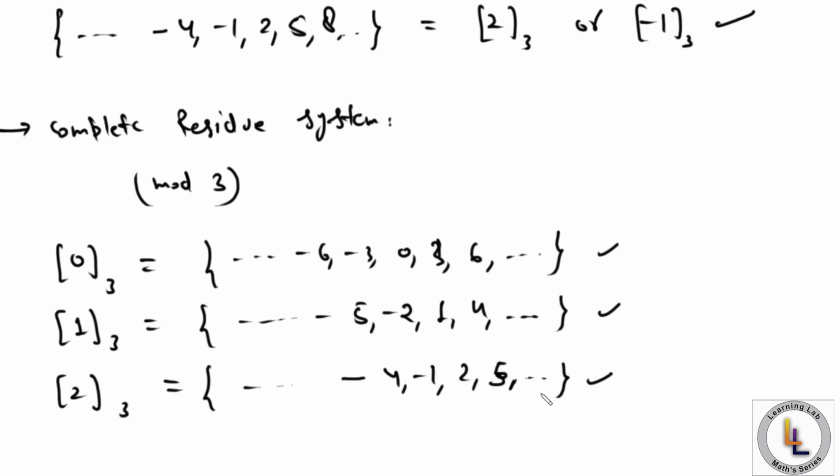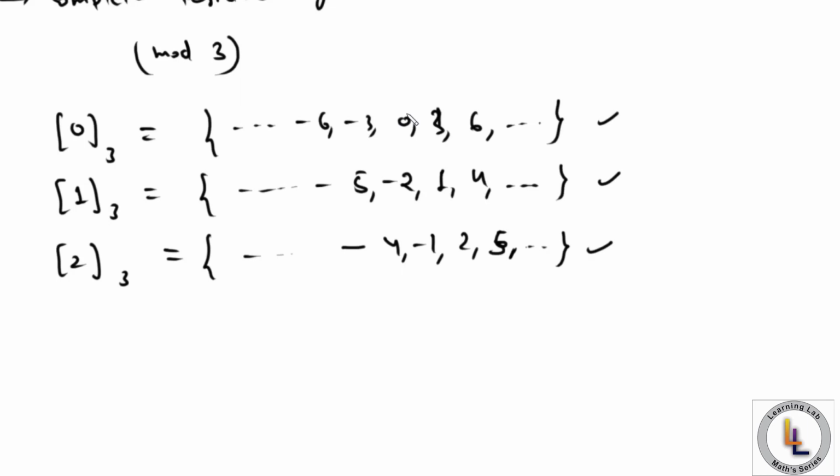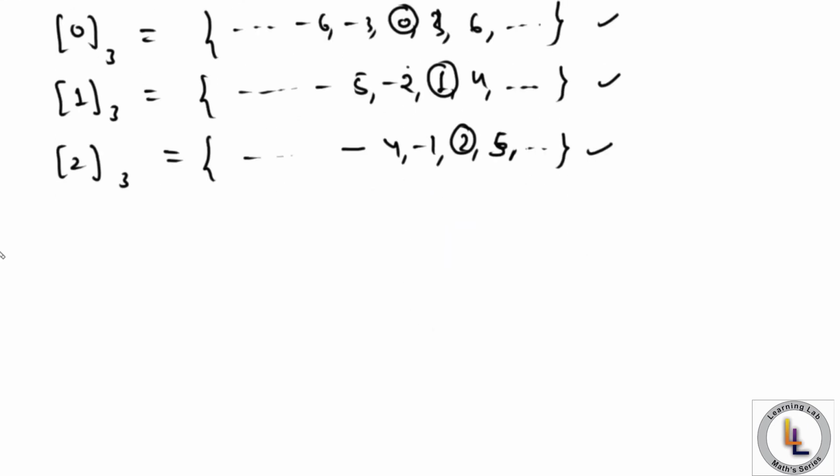Suppose we select this number from the first class, this number from the second class, and this number from the third class, and construct another set, which is a complete residue system: 0, 1 and 2.